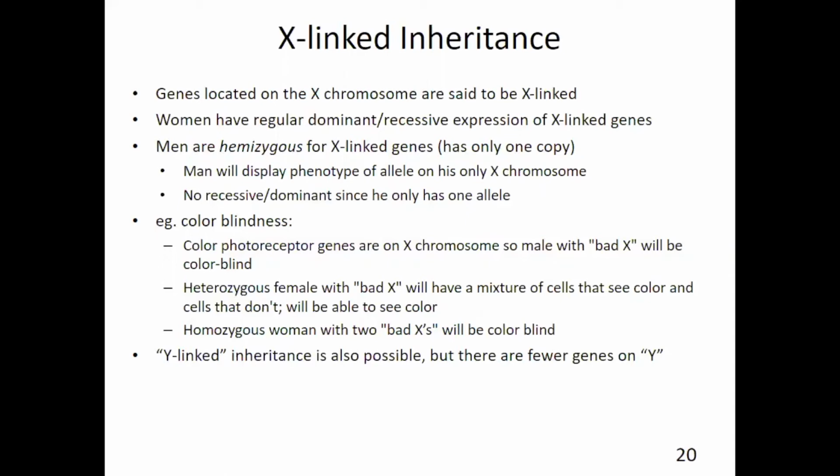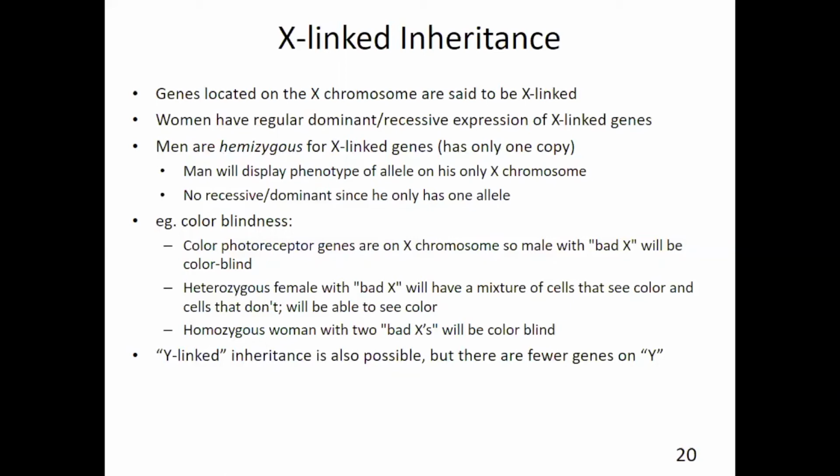Women will have regular dominant recessive expression of genes located on the X chromosome because women have two copies of the X chromosome. However, men will display a different inheritance pattern because they are hemizygous. They only have one copy of the X chromosome.